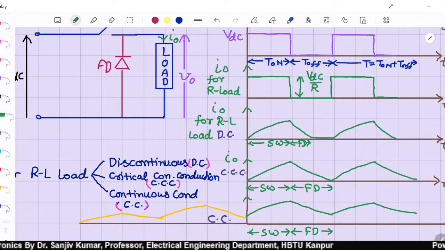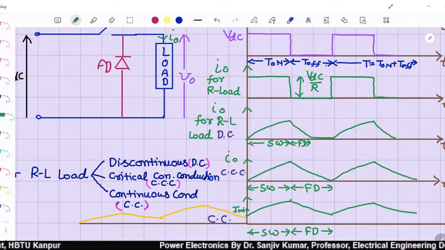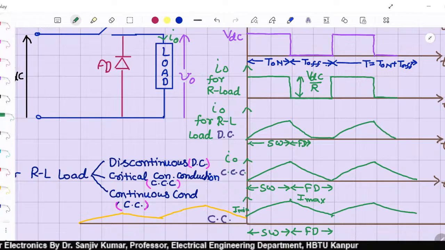It has its value between I min and I max, means all the time some current, this I0 current, is flowing, and it has a ripple from I min to I max. The minimum value of the load current is I min, right?